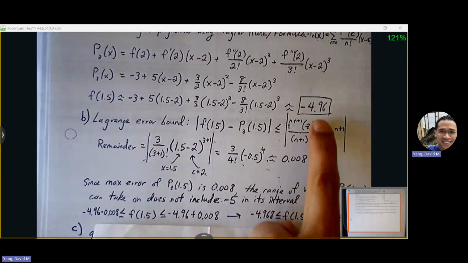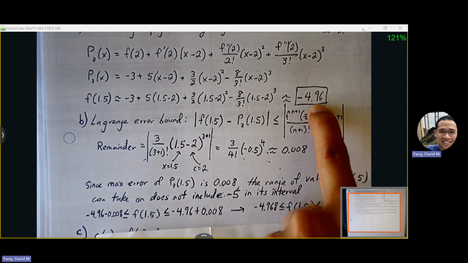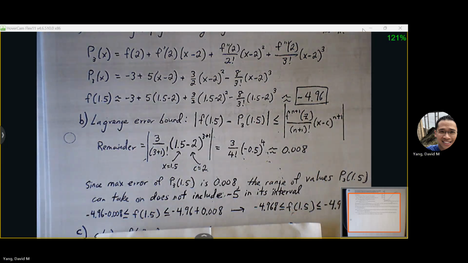So we take our approximation, our third degree Taylor polynomial approximation, and then we do the Lagrange error bound. So we use the first unused term, first unused degree, which in this case is going to be the fourth degree.